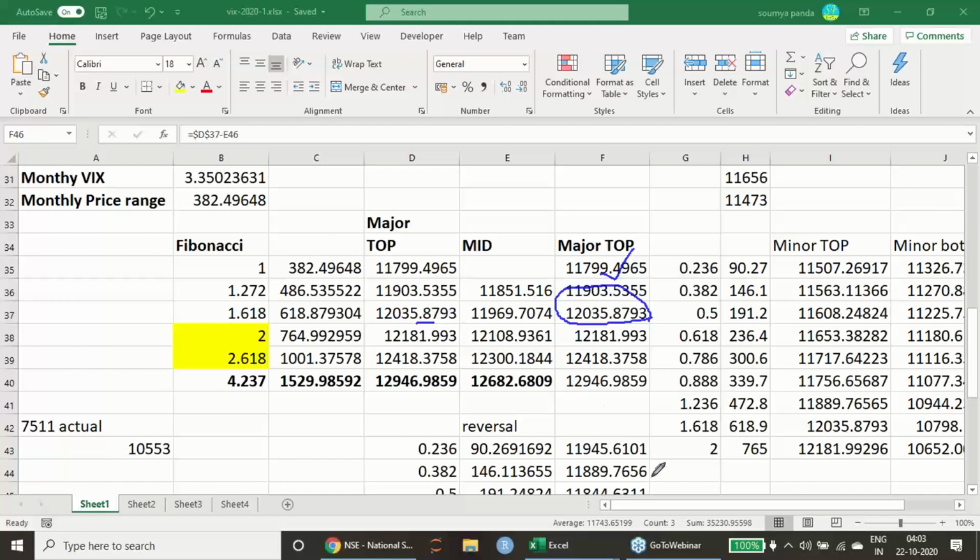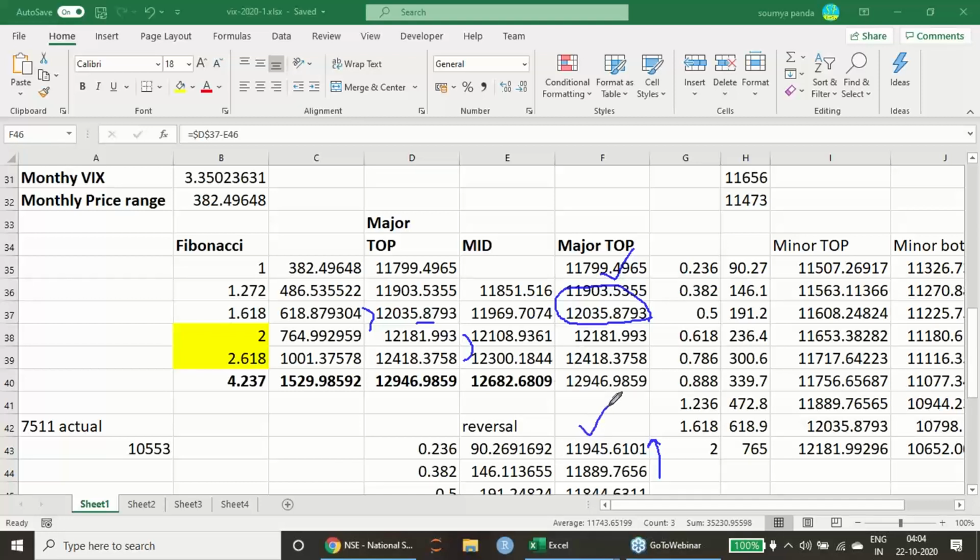If the reversal is completely retraced back, then we can expect a major top higher than 12,035, and the levels of 12,183 and 419 will play a vital role for the major top again.